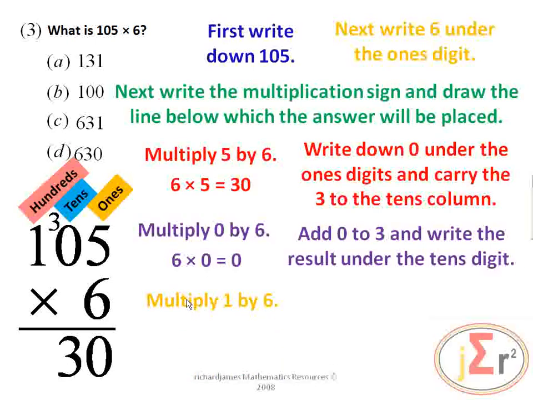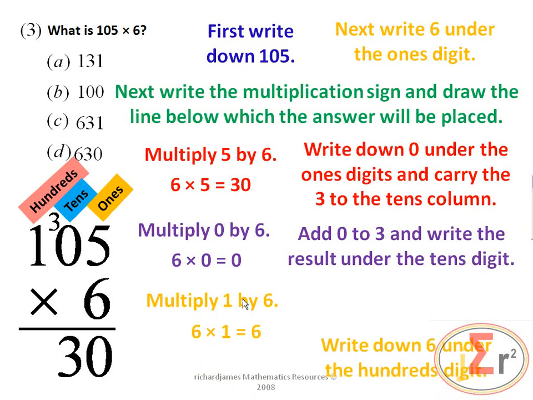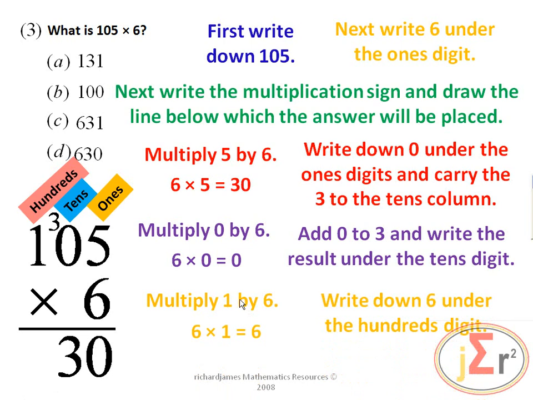We multiply 1 by 6, and what do we get? 6 ones, and we just write down the 6 in the hundreds column. So it goes right there. The 6 must be placed under the hundreds digit.